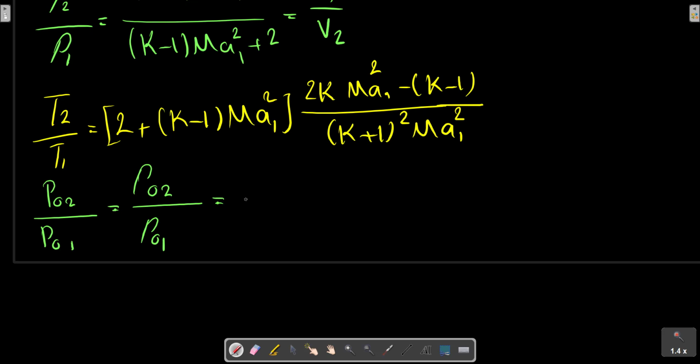Now also a relation which is a function of the specific heat ratio and Mach number.